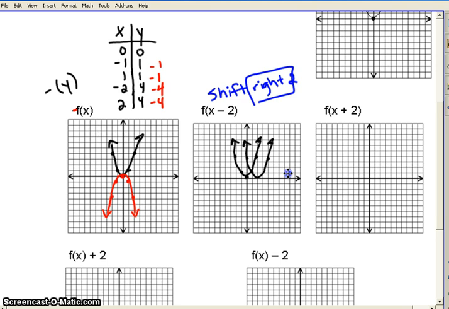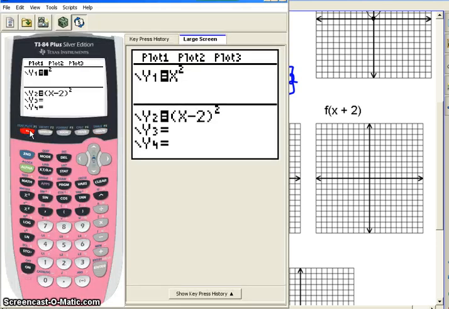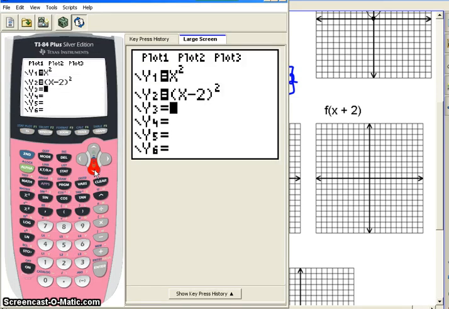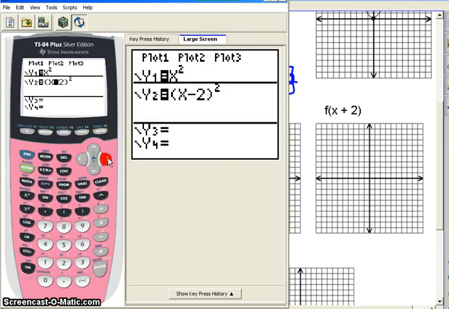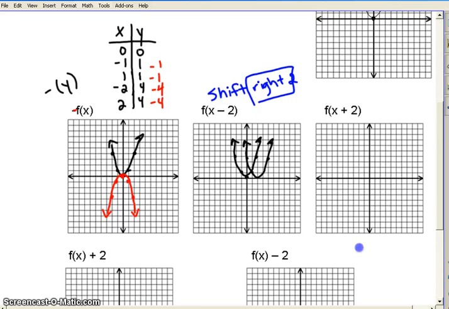Okay? X plus 2, how's that going to look? Go to y equals. The parent function, and then the graph is going to go to the left 2. Okay? So we're going to go ahead and graph the original.